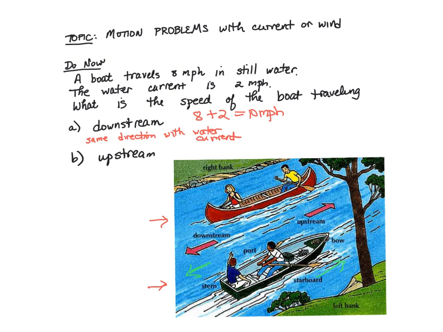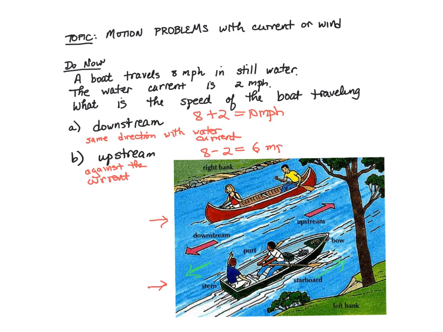So in that case, it would slow the boat down. So let's just write that down. So this is against the current. And instead of adding 2 to 8, we would subtract 2 from 8. So the speed would be 6 miles per hour.